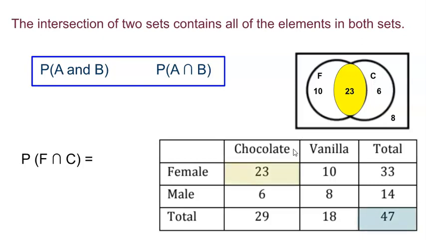In the two-way table, we can see that this intersection of a column and a row is 23 over 47. In the Venn diagram, it's an intersection between the two circles. So the probability that someone chose chocolate and is female is 23 over 47.